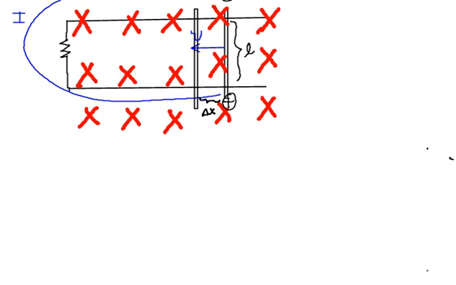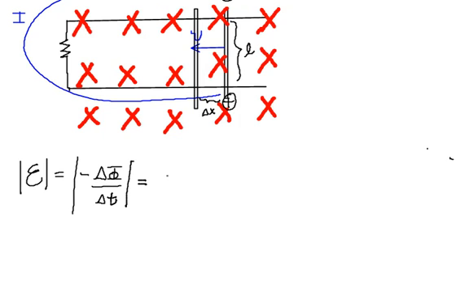So the magnitude of the EMF would be equal to the absolute value of delta phi over delta t. So that would be B delta A times cosine of theta. Is the angle between the normal to the plane of the loop and the magnetic field changing? No. So the angle is 0, so we get a cosine of 0, and then over a delta t.